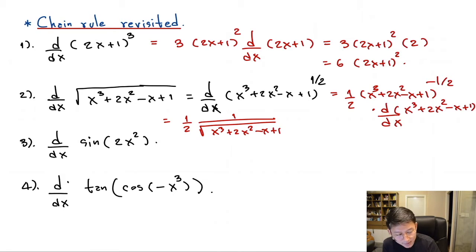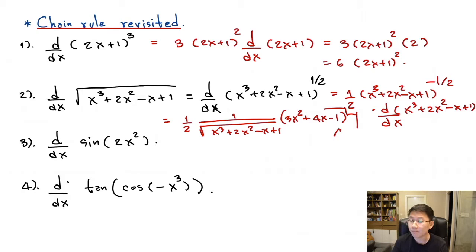And this derivative, you don't need the chain rule anymore, right? You can differentiate this guy. It is 3x squared plus 4x minus 1, and that is the answer. So it's easy, isn't it?